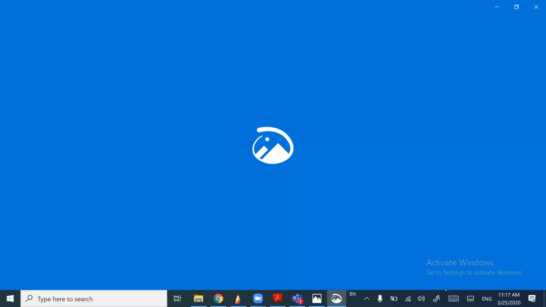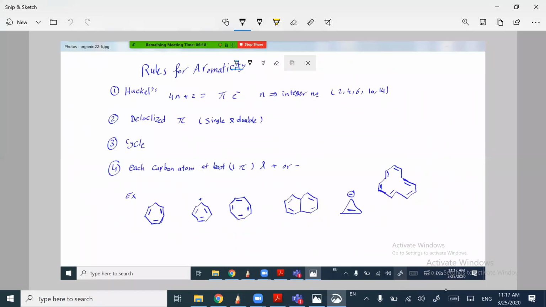Aromatic or not, by Huckel's rule? When I have single, double, single, double, single, double, 4n plus 2 equals the number of pi electrons: 1, 2, 3, 4, 5, 6. Does it delocalize the electrons? Yes, it delocalizes the electrons.